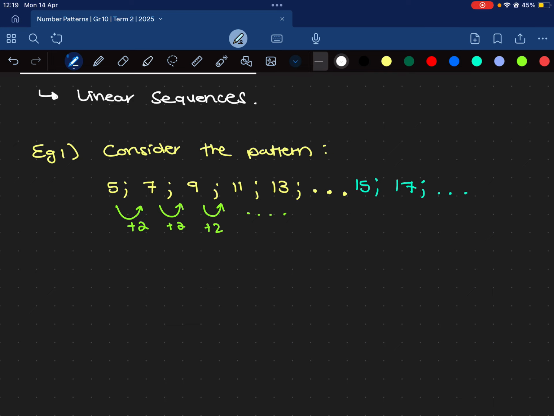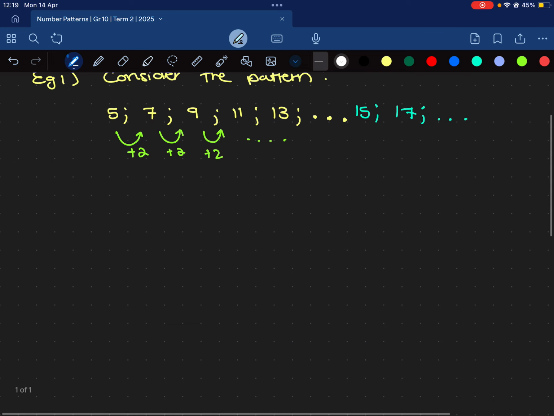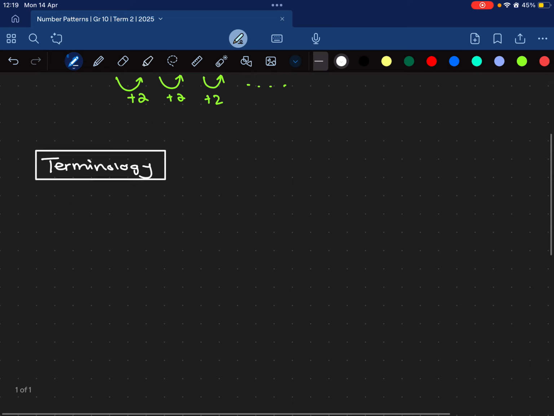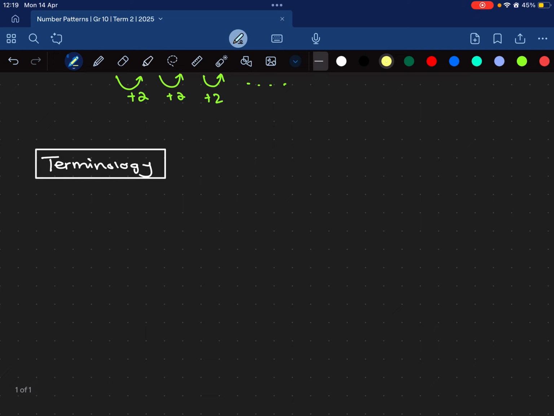Okay, so let's take the same number pattern and look at some terminology. I'm going to take the exact same sequence that we just used, which was 5, 7, 9, 11, 13, and I'm going to make some notes on this.